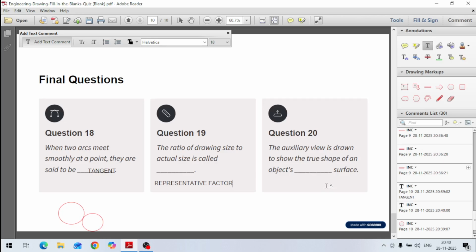So which surface? It is inclined surface. I hope all the questions are clear to you.